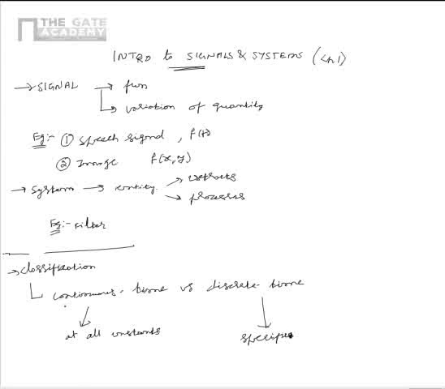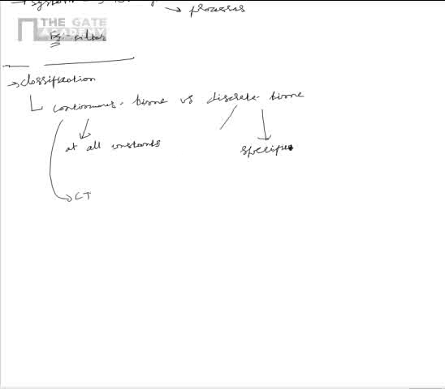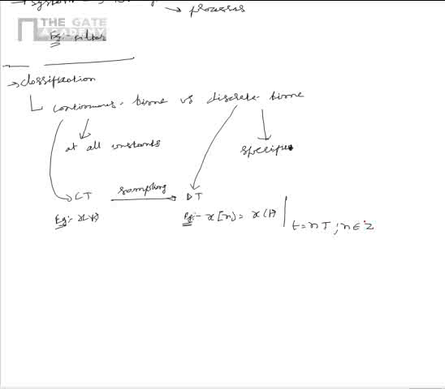Given a continuous time signal, we can get the discrete time signal by sampling. Suppose we take any continuous time signal, it can be written as x of t. Then the discrete time signal x of n can be written as x of t at a specific instant t equal to nT, where n belongs to Z. In the figure shown, we have a continuous time signal x of t.